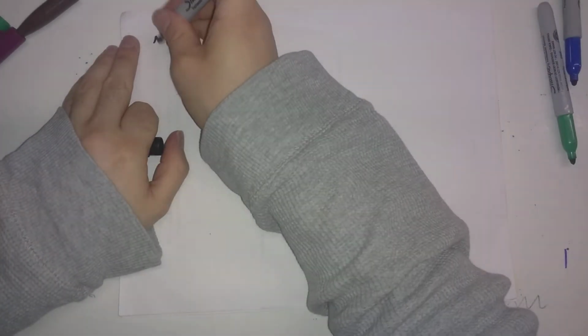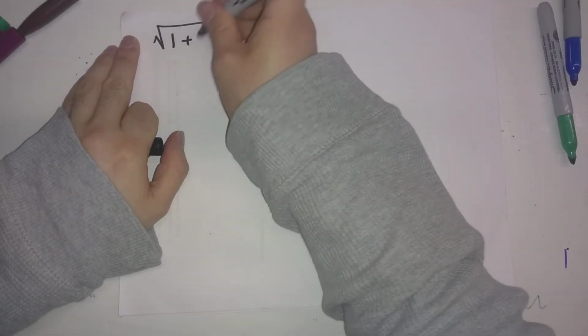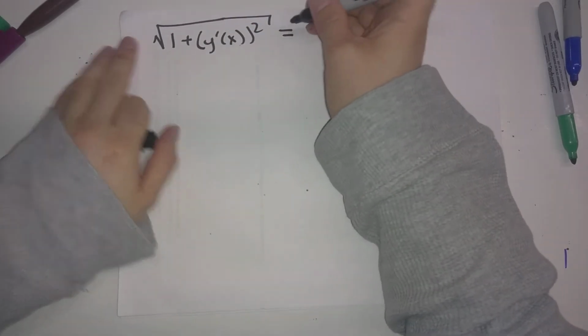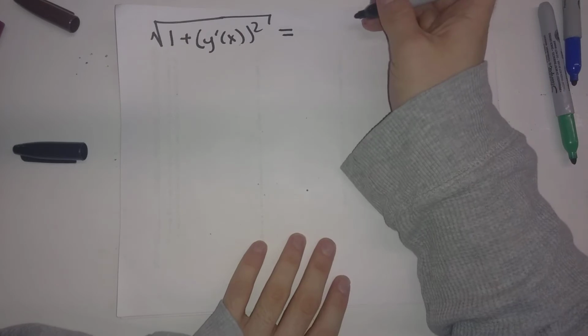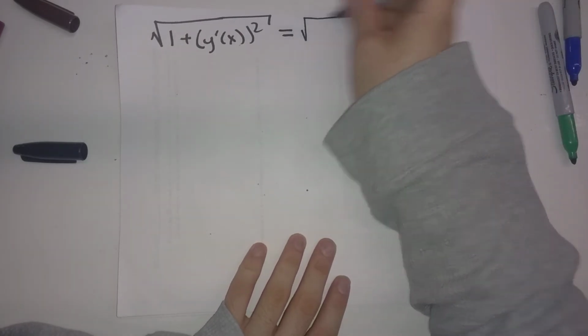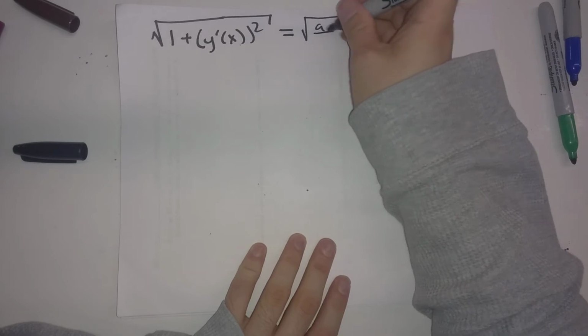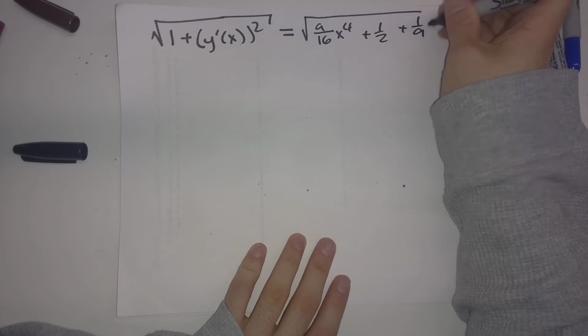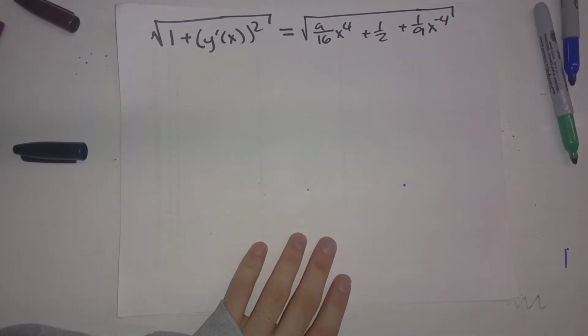So now we need to take the square root of 1 plus y prime of x squared. And so this ends up as the square root of 9 over 16 x to the 4th plus 1/2 plus 1/9 x to the minus 4th.